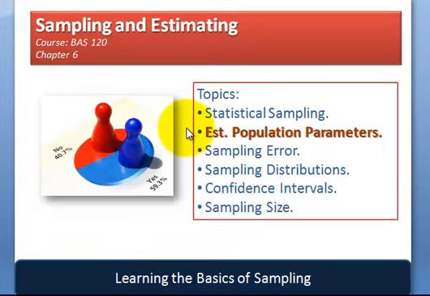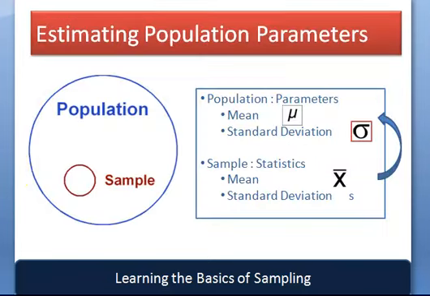Now let's talk about what we're doing with the sample. The whole purpose of this sample is we're trying to estimate what the population parameters are. So we're taking this little sample here and we're trying to project what the population looks like. Our samples are called statistics.